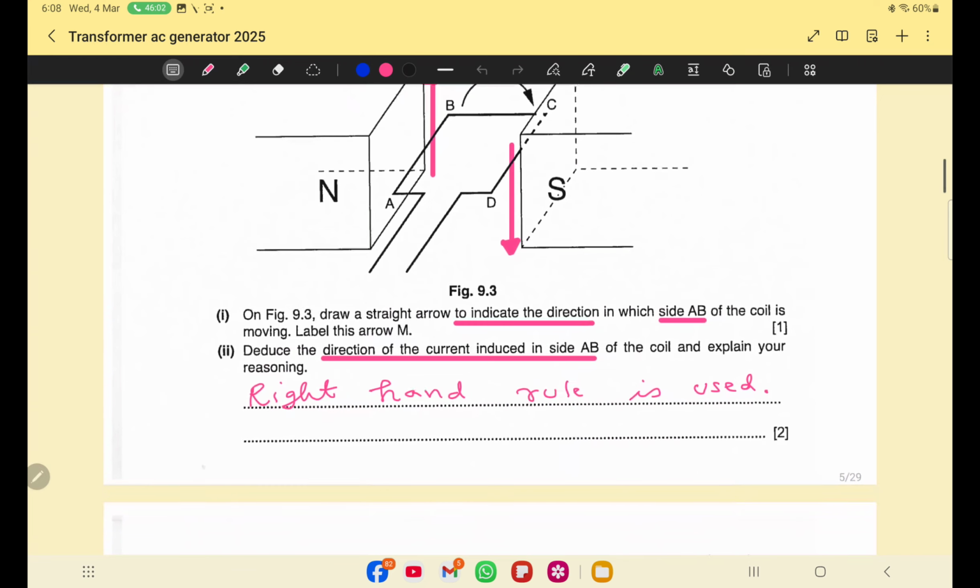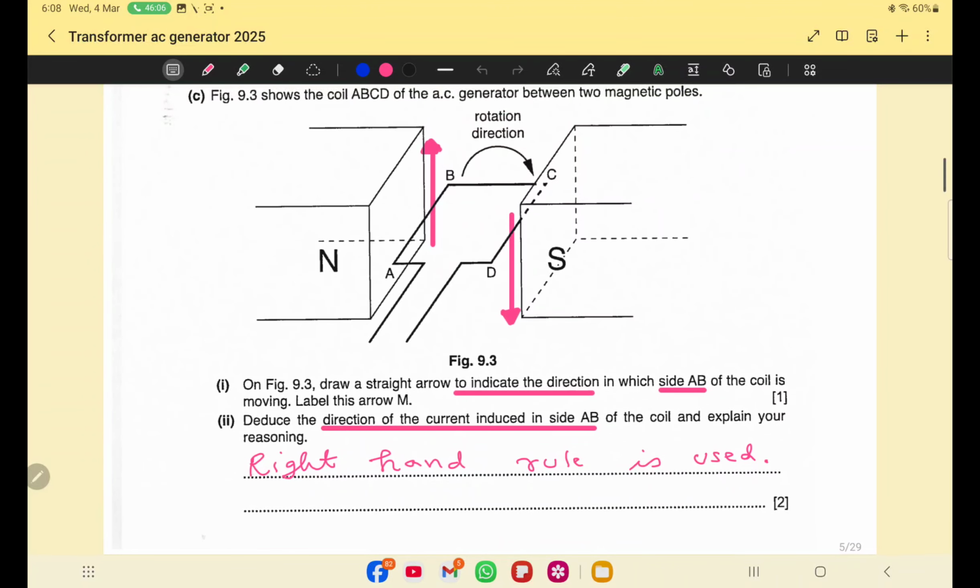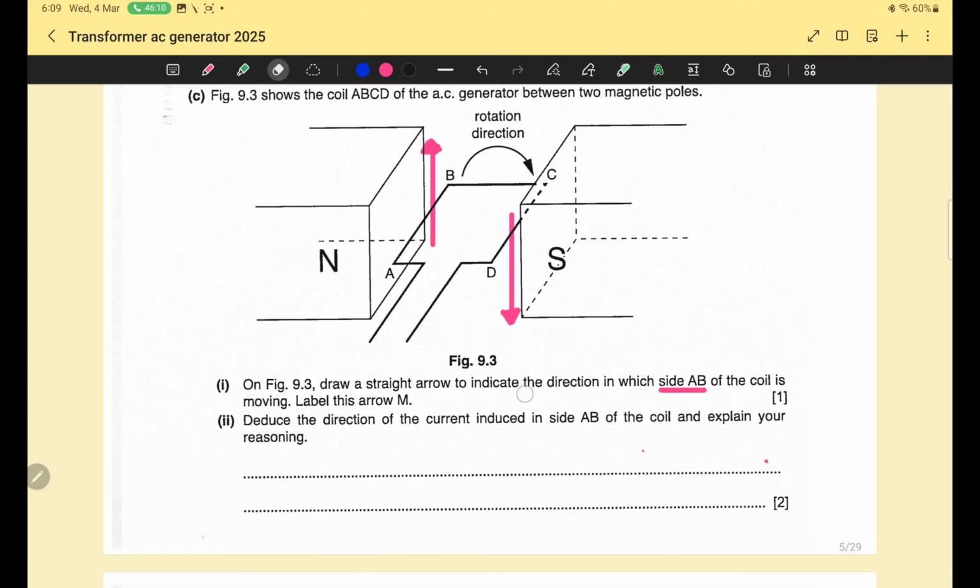For a generator, the first thing we will use is the right hand rule, and I am interested to apply it with Atif. Atif bhai, can you help me to apply the right hand rule? Keep your right hand first finger from north to south.